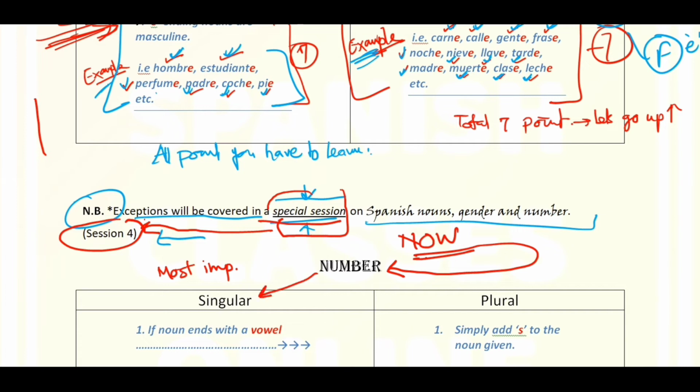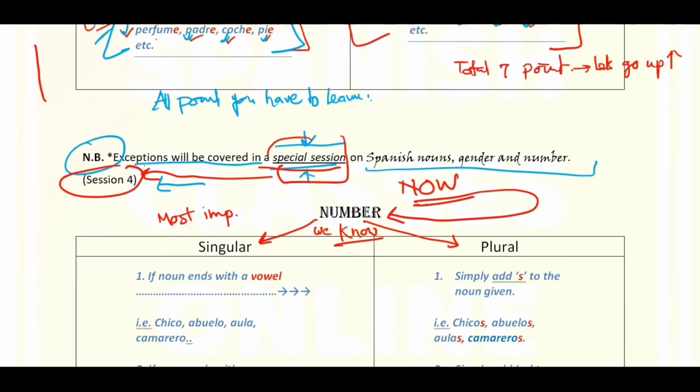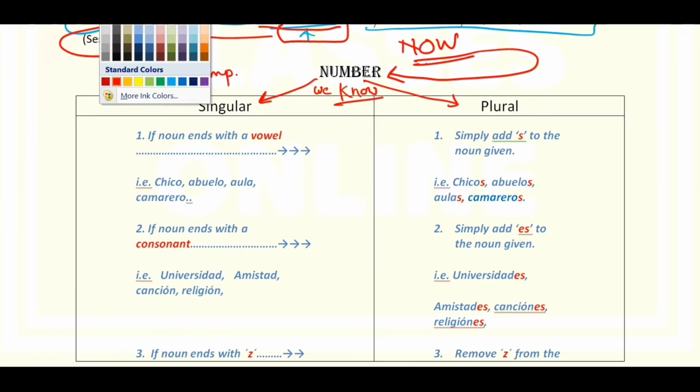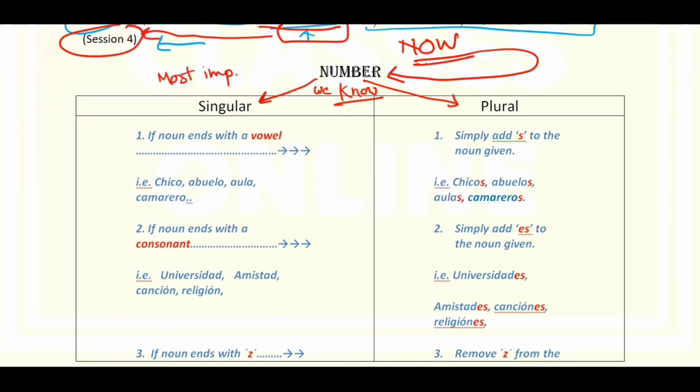First point was gender, second point is number. If we talk about number, we have 2 branches, singular and plural, as usual. Numbers are singular and plural in nature. And why are we discussing it? Because if you know any noun in singular, in many cases you need to convert it to plural.